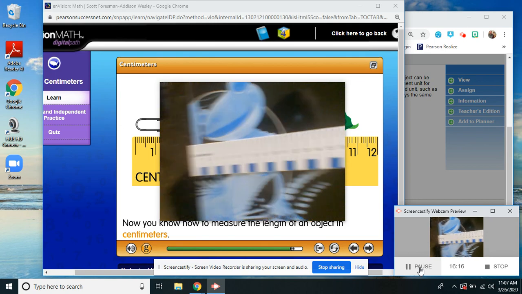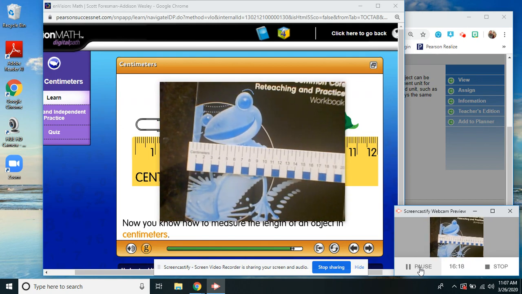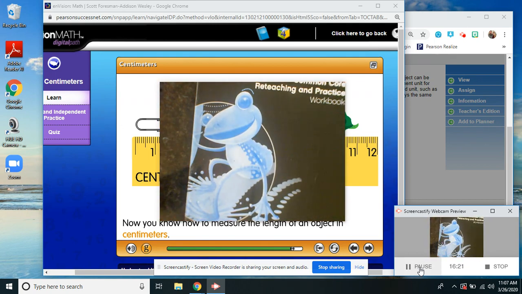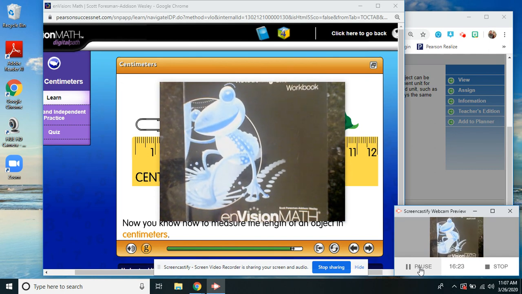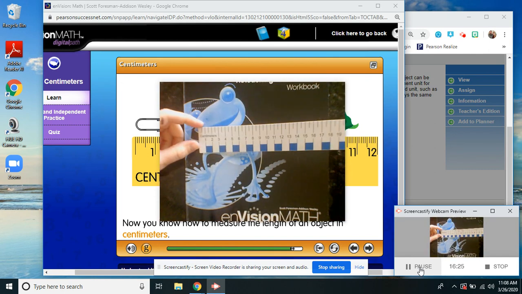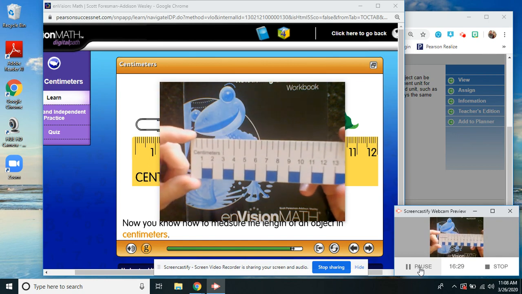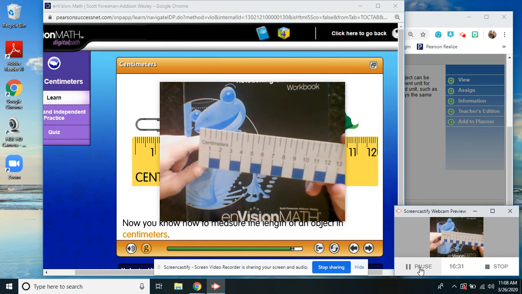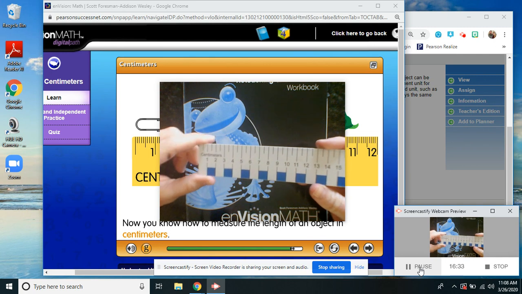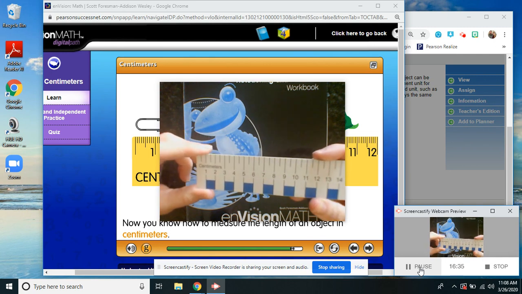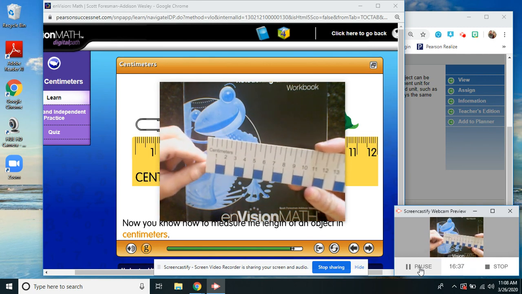Okay, so let's measure. Hopefully you have your math workbook out and a ruler. I am going to use this ruler because, as I said before, it is easier to see on the camera. You have a clear ruler that Ms. Fink and I gave you. It should be in your packet.